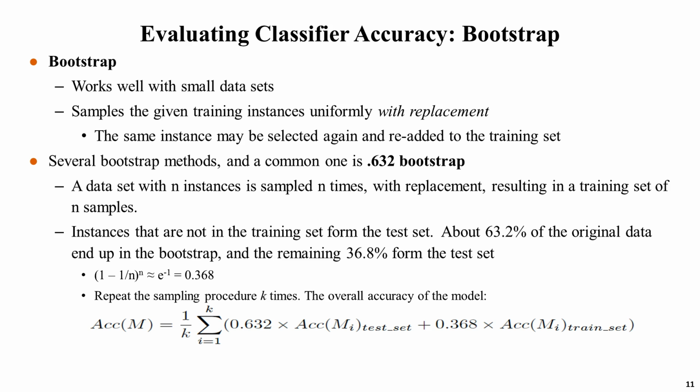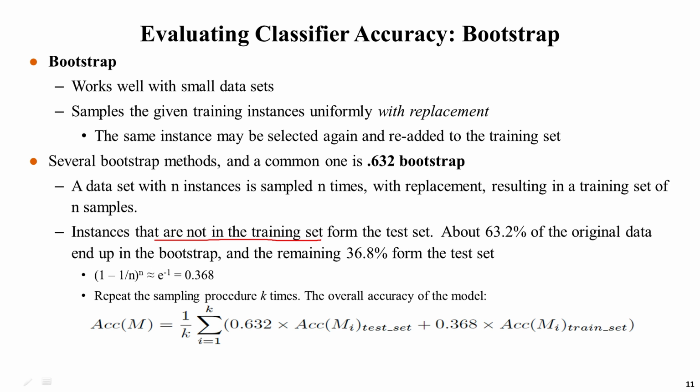Given a data set with n instances, if we randomly pick instances n times with replacement, that results in a training set of n instances. Instances that are not in the training set are used to form the test set.